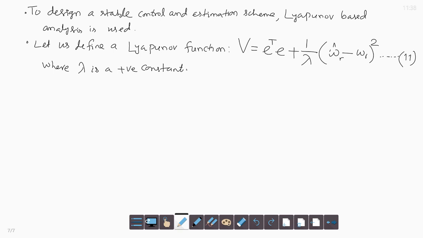So from equation 10 we have the derivative dV by dt, which is E transpose into E dot plus E transpose dot into E plus 2 into delta omega r by lambda into d omega hat by dt.